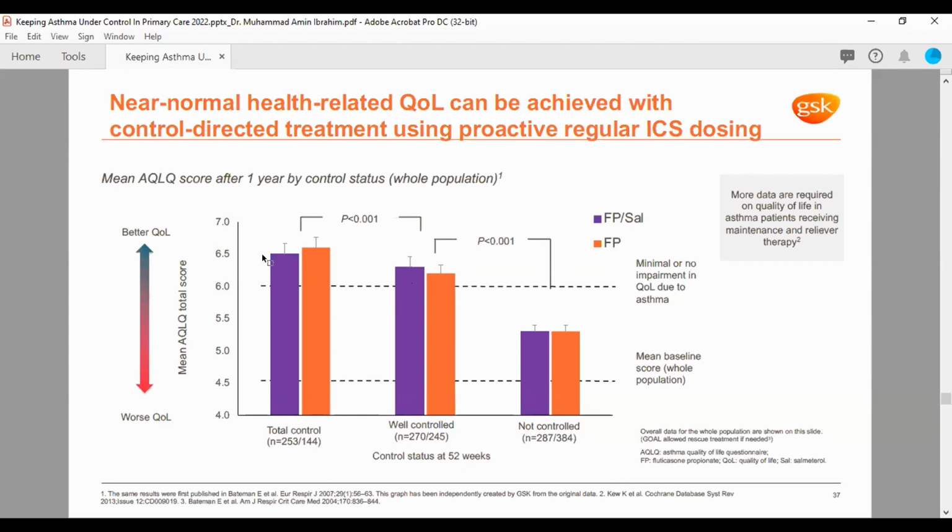So when we do the AQLQ, the score on average is more than 6. So more than 6 indicates minimal or no impairment of quality of life due to asthma. So good asthma control is possible if we give regular preventer to our patient.